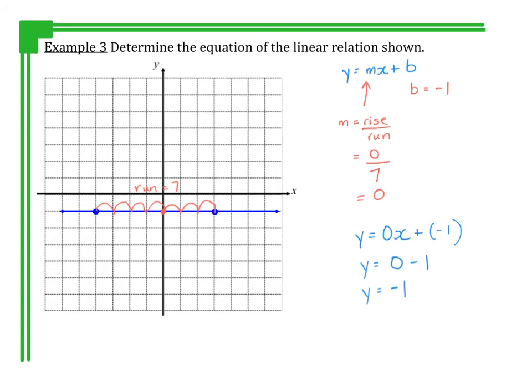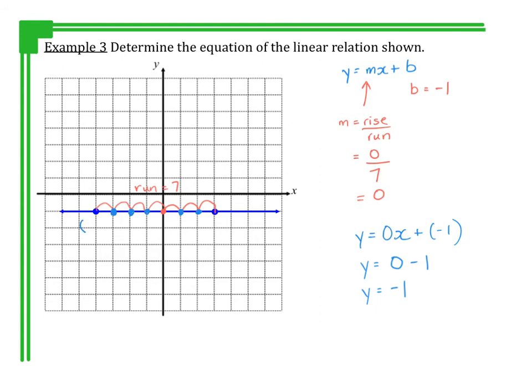I want you to look at the points that are on this line, okay? Here's a point, here's a point, here's a point. I could draw more points in there. There are points all the way along this line, okay? And I want you to look at the coordinates of those points. So let's start with the point here on the left.